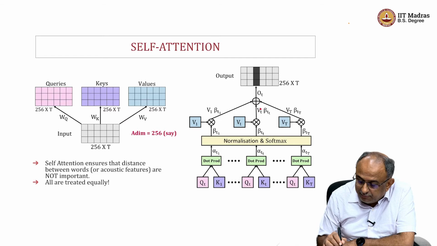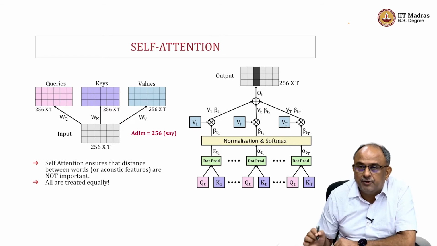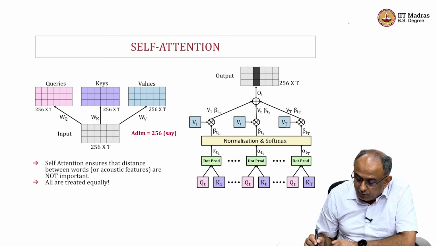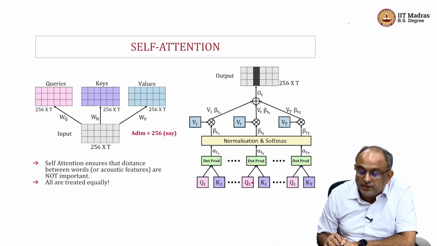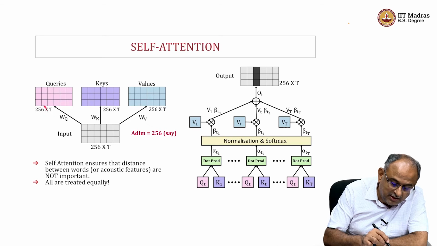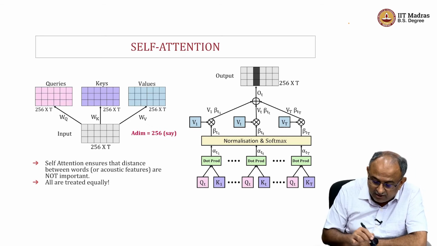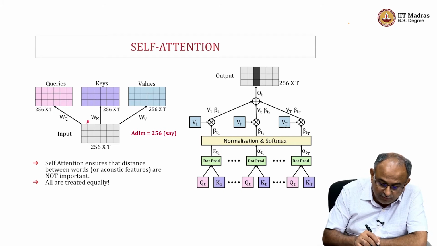So my tth word embedding is v of t. That also becomes my query. This v of t is also going to be used for all of the other words.